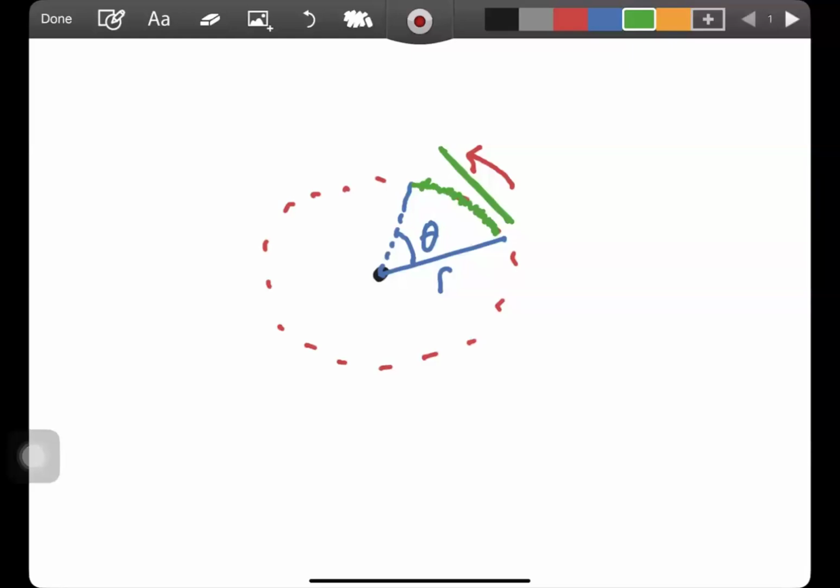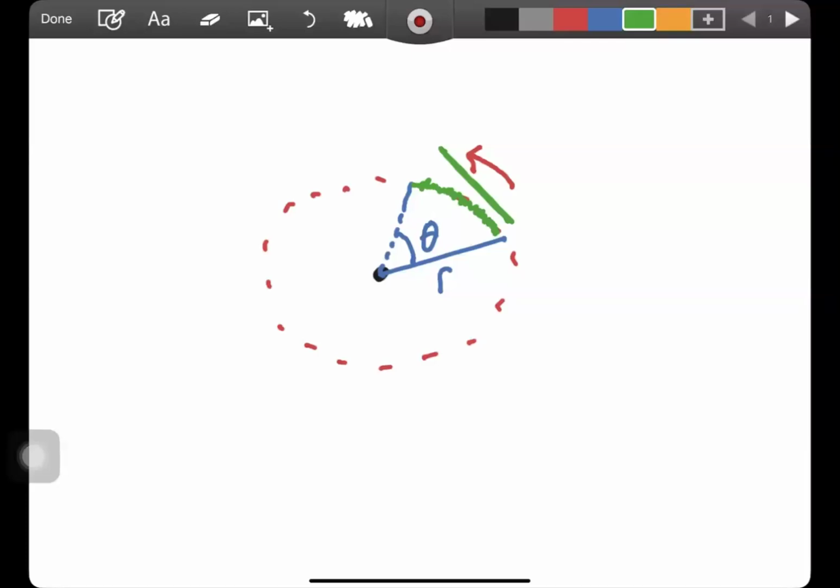And so here's the thing, if we just figure out, for a given angle theta that's swept out in circular motion, how much linear distance is covered, we can make that conversion, and then we can use all of the linear equations for constant acceleration that we have used previously. And so here's the key. To figure out how much distance that green is for some angle theta, that's the arc length of the circle for some angle theta that's been swept out.